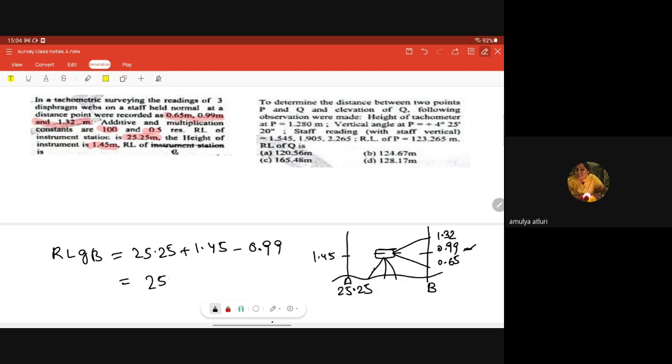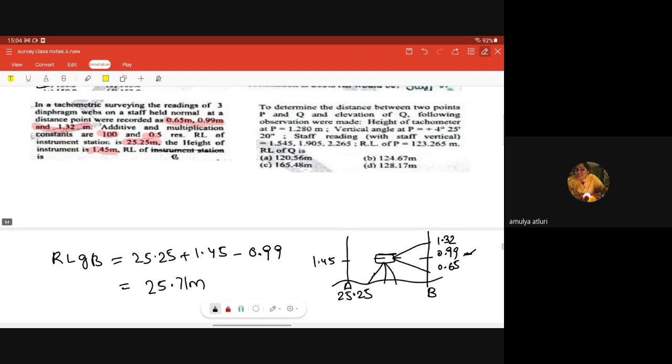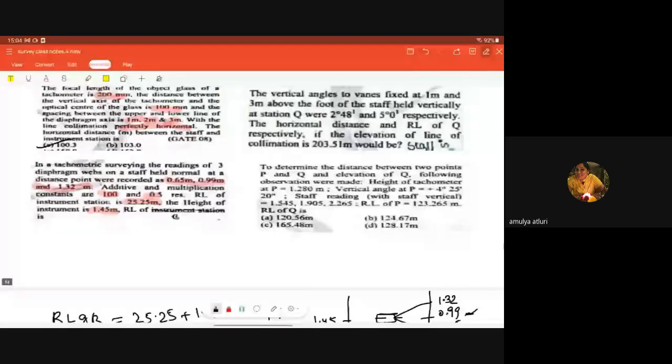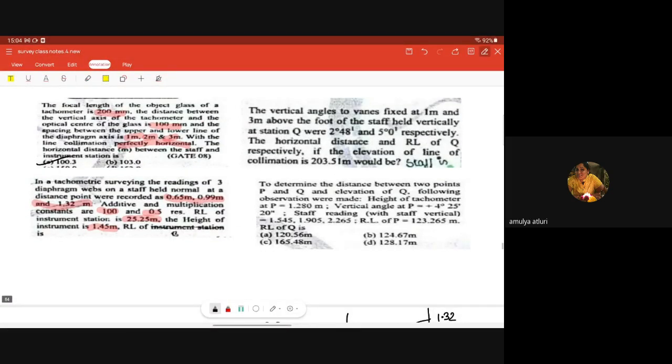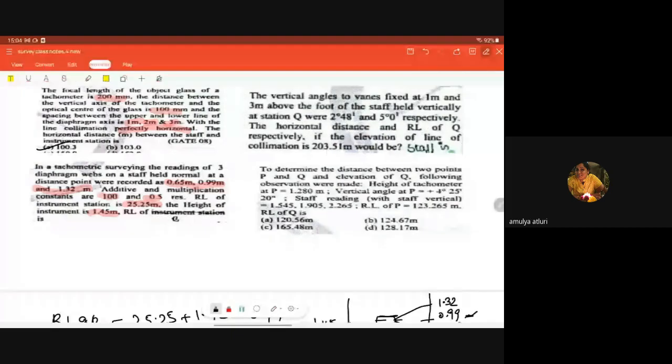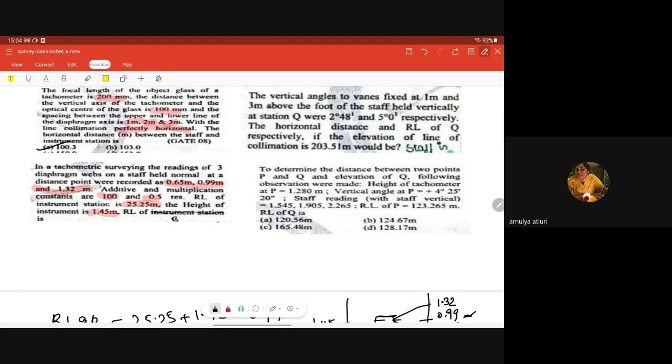It is nothing but 25.71 meters. Got it? Next. So to confuse you, they have given all these things. You just need to take the parallel value. Okay, this is the twist here.